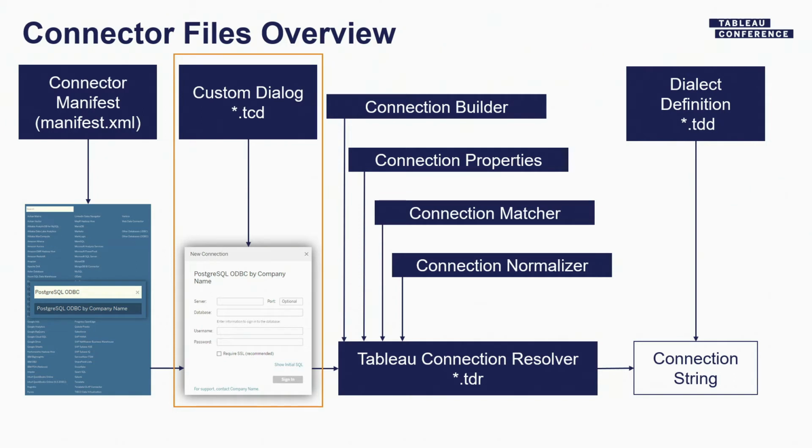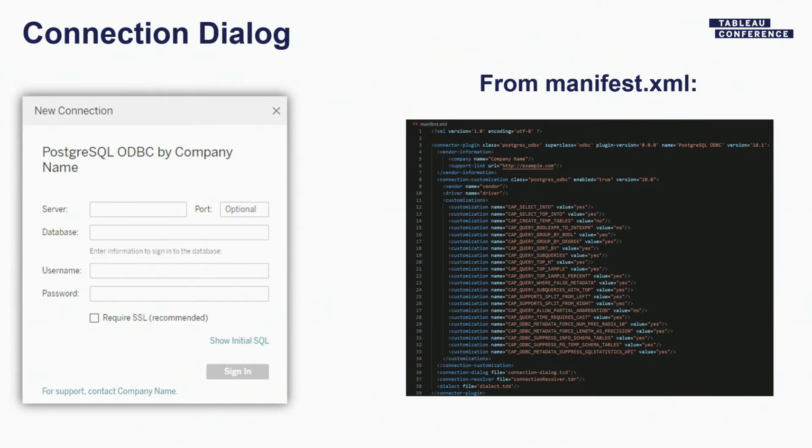Yeah, so we talked about the manifest, but that is the entry point to the Tableau connector. Lots of times, you want to customize the connection dialog. We give you the capability to customize the connection dialog. So that's the TCD file. On the left, this is an example of the customized connection dialog. Let me show you how you actually customize those fields.